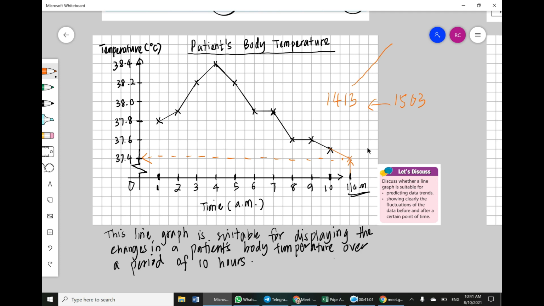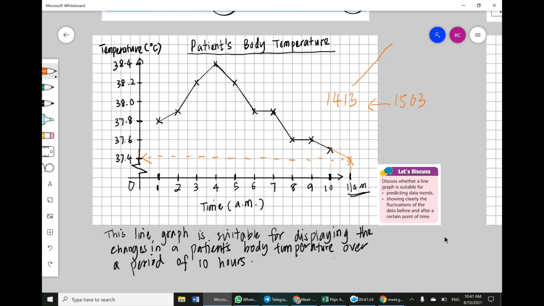So, we can represent this using the line graph for all the days over there. Okay, so line graph is suitable for us to predict data trends and also showing clearly the fluctuation of the data before and after a certain point of time. So you understand the use of the line graph or not, class?